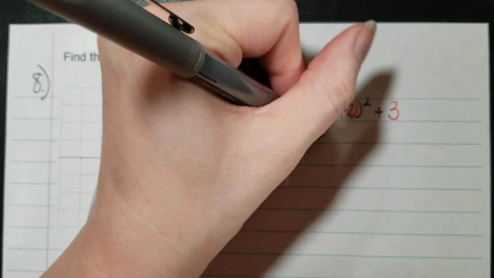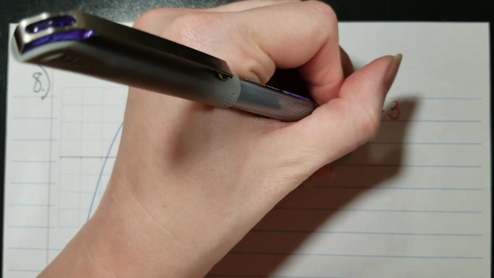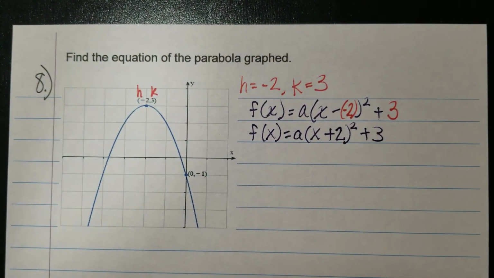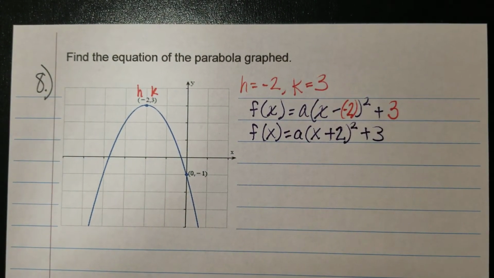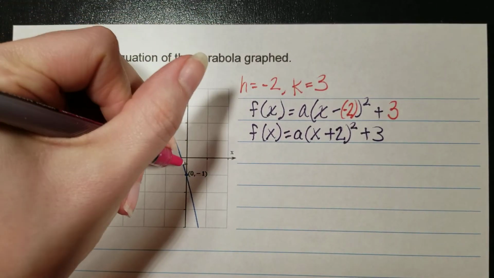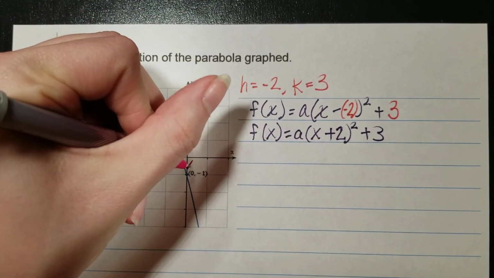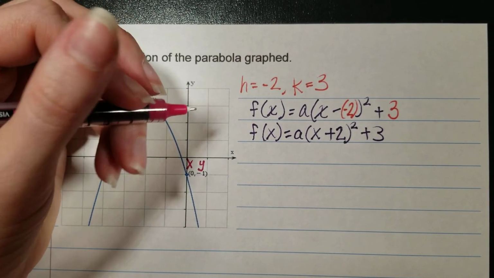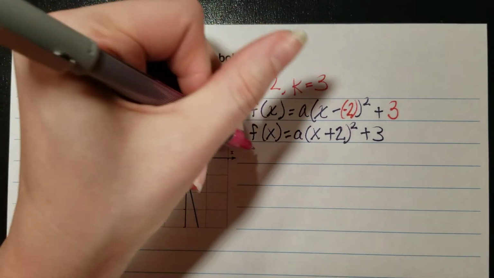So a times x plus 2 squared plus 3. And then we're going to use this other point over here to figure out what the a is. So I'm going to plug in 0 for x and -1 for y, which is the same thing as f of x.